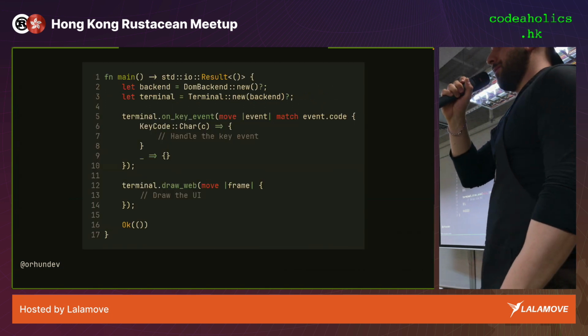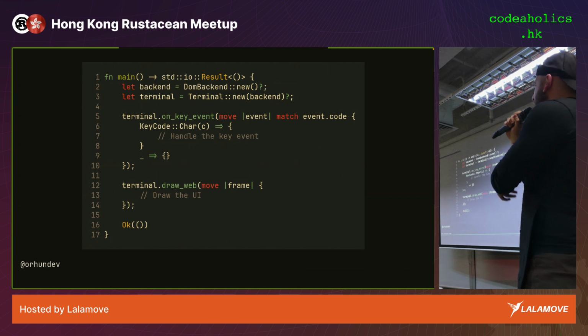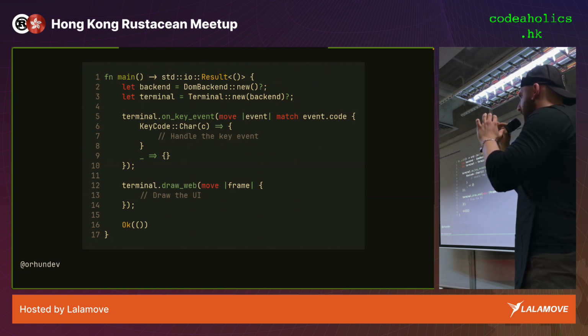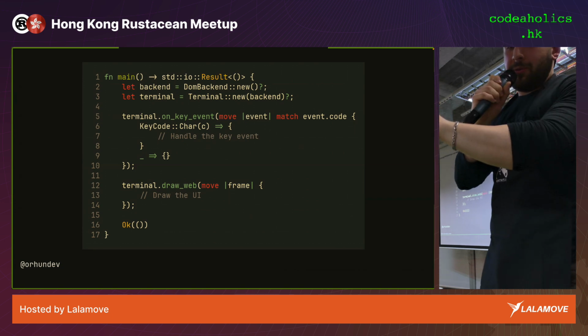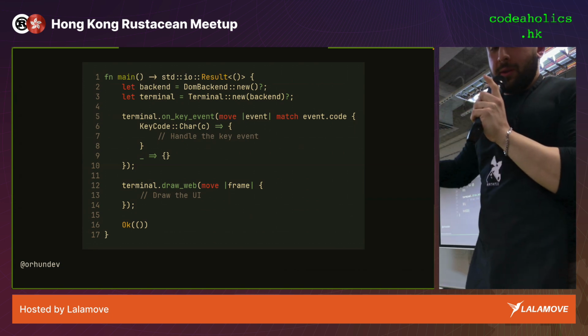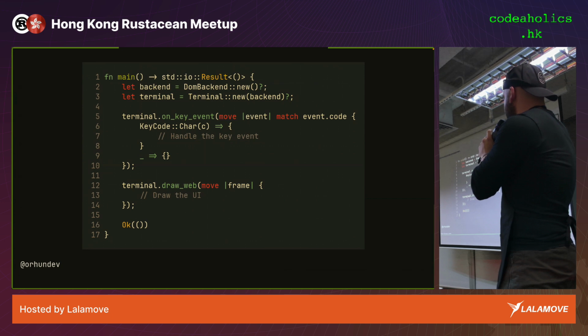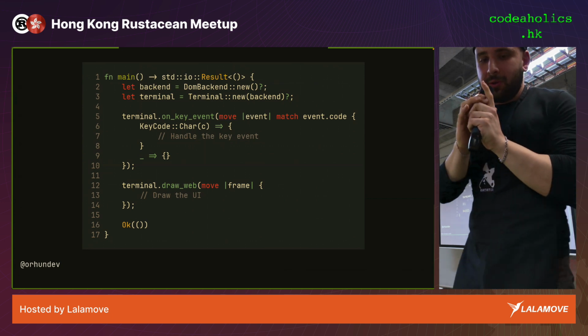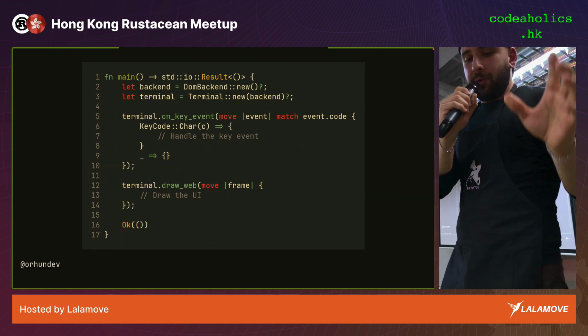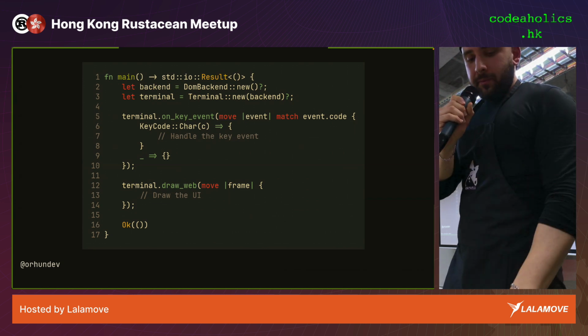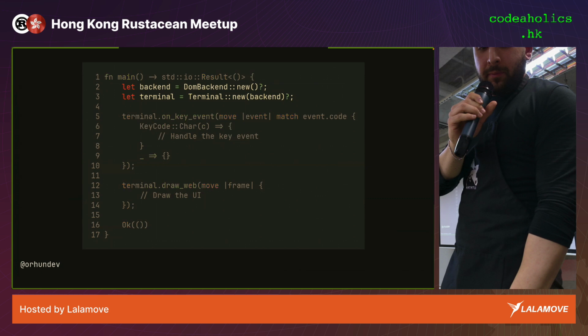I designed the API of Ratzilla to be as close as possible to the Ratatouille one. So it's basically the same API with some closures and so on. So if you have an existing Ratatouille app, it's very simple to just port it to web.